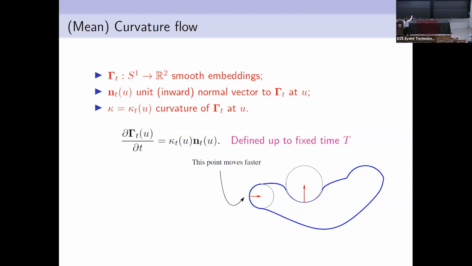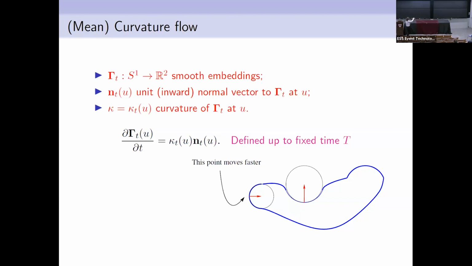So at value u in S1, I'm going to write n_t for the unit inward normal to this, where I'm supposing this is wherever the boundary is at time t. So if this is the point u, this is the inward normal going this way. And I'm going to write kappa for the curvature of that curve at u. So that's 1 over the radius of the osculating circle, if you like. So the best fit circle, and I look at 1 over the radius of it.